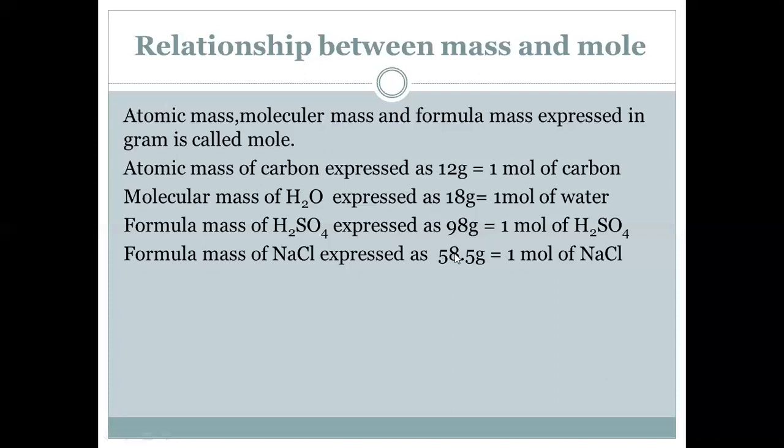Whatever the mass of an atom of an element, a compound, or an ionic compound is, it equals 1 mole of that substance: 1 mole of carbon, water, sulfuric acid, or sodium chloride. This is the relationship between moles and masses.